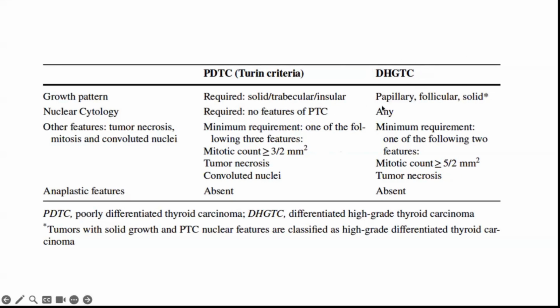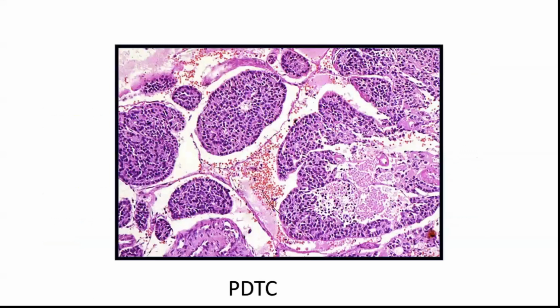However, some differentiation is still present in differentiated high-grade thyroid cancers. That's what differentiates it from PDTC. The rest, mitotic figures, tumor necrosis, convoluted nuclei, are as present as in PDTC. So this is a PDTC which shows intense insular patterns with nuclear staining and a lot of mitotic figures.